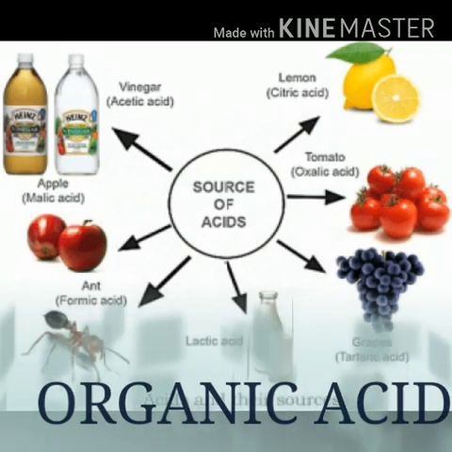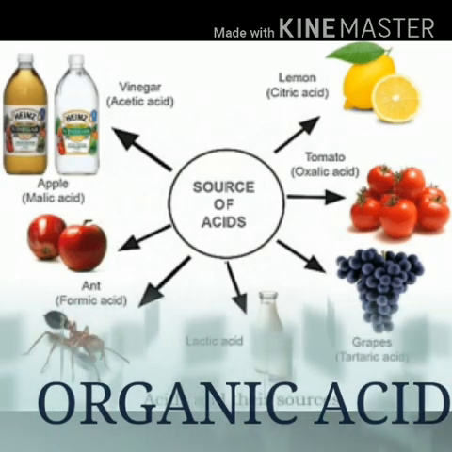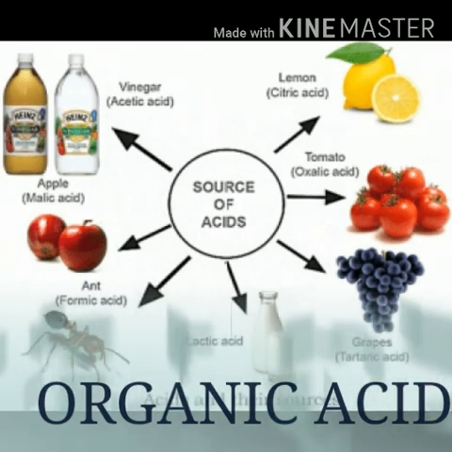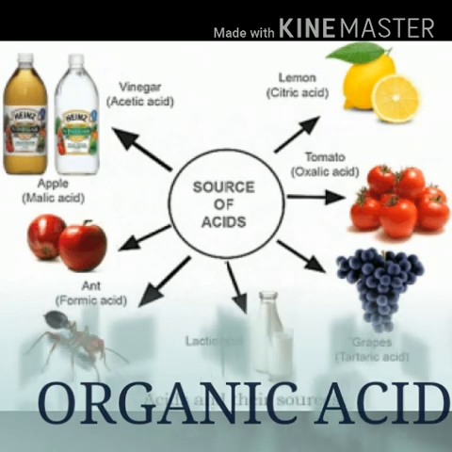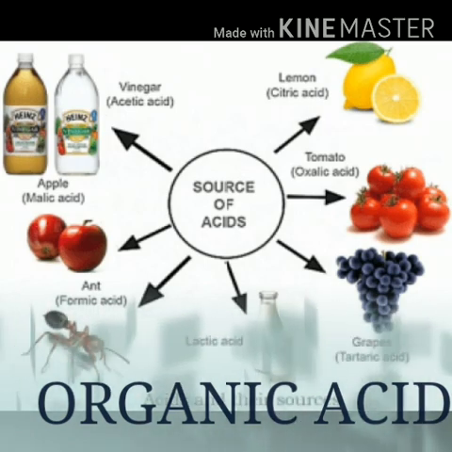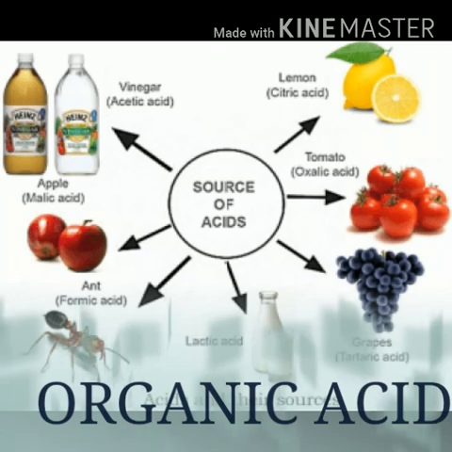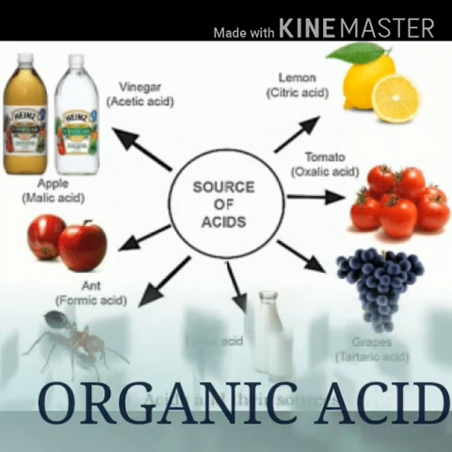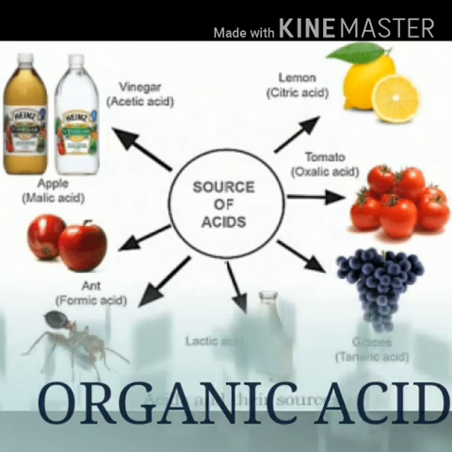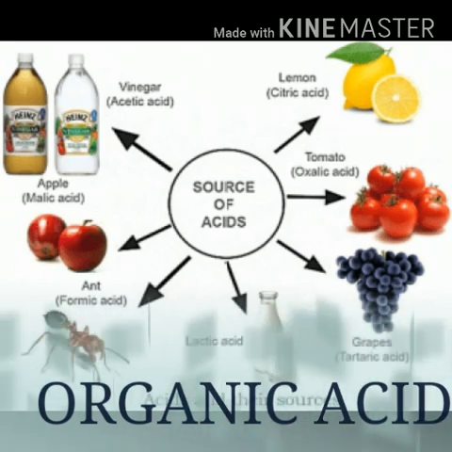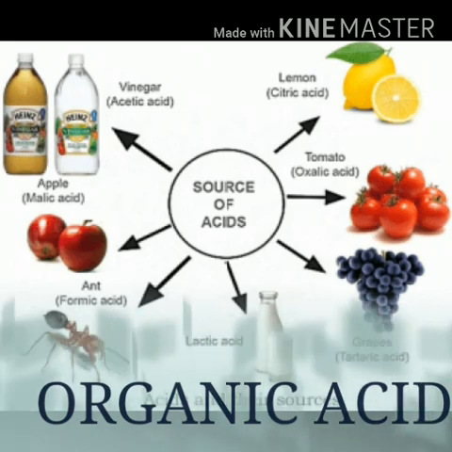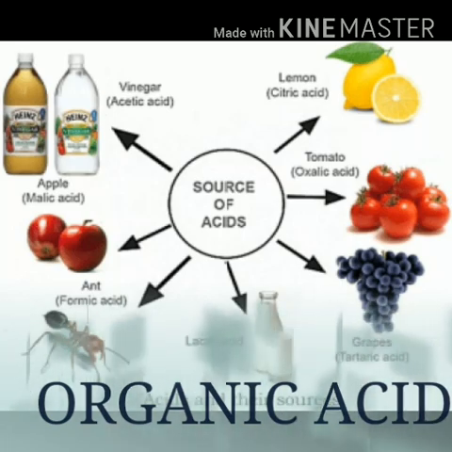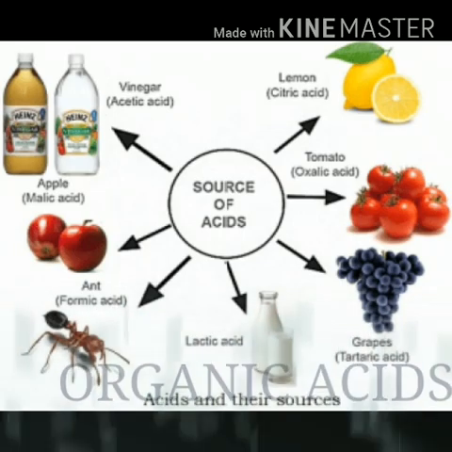As you can see in the chart, malic acid we get from apple, citric acid is in the lemon, oxalic acid is in the tomato, tartaric acid we can get in black grapes or the tamarind, lactic acid in the milk, and bees, wasps and ants, when they bite us, cause a burning sensation, so they have formic acid in their body which they use to attack invading persons or any other threats.